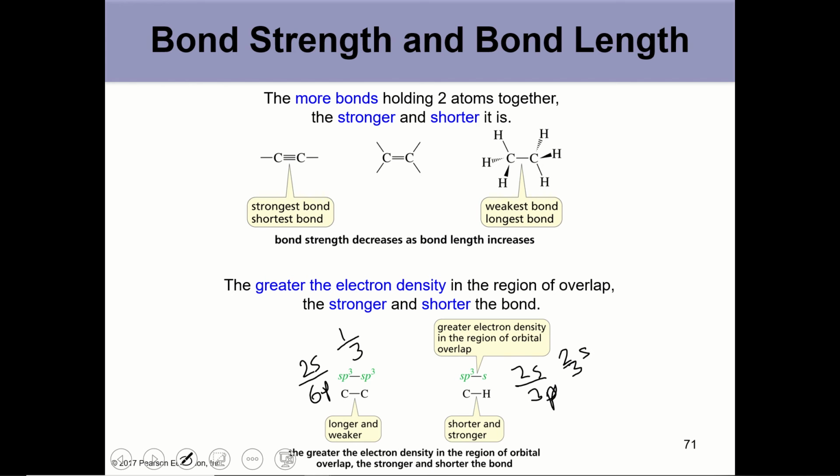And we can do the same thing to rate the triple bonds and single bonds. If you look at the CC single bond, that is sp3 to sp3, or 2/3, 1/3, 1/3.